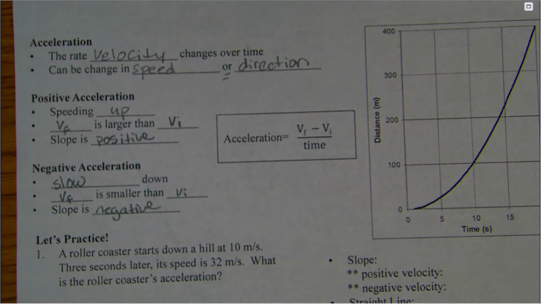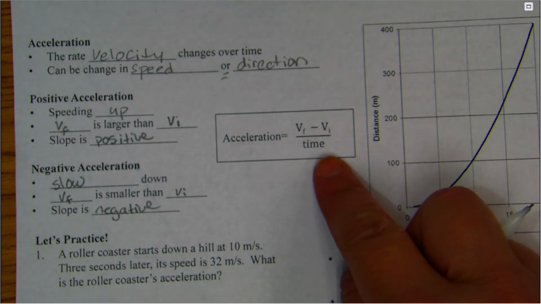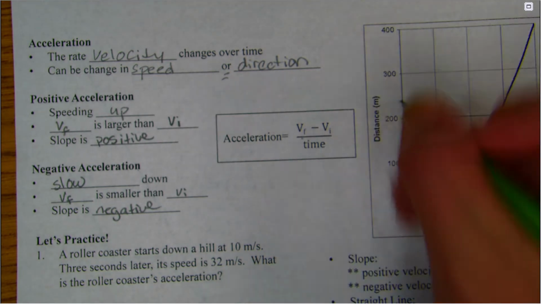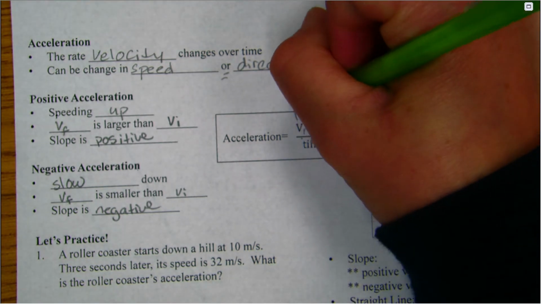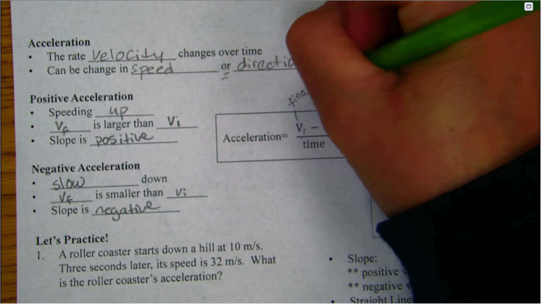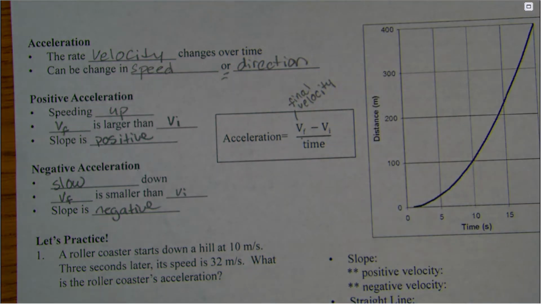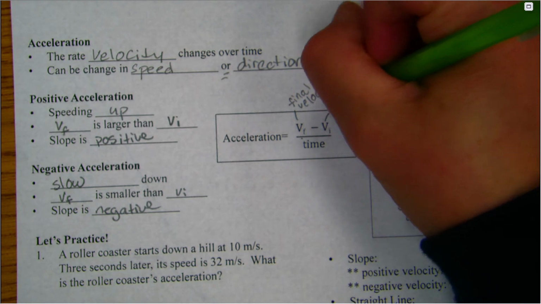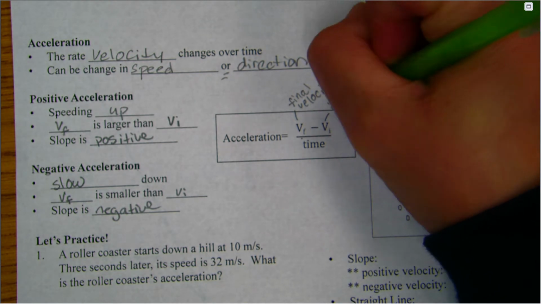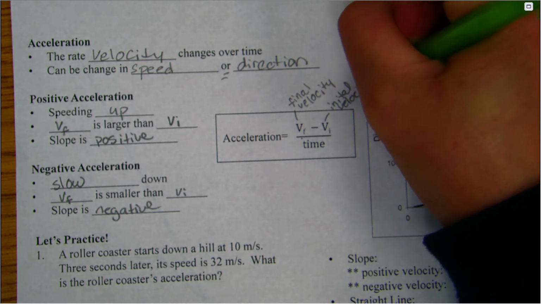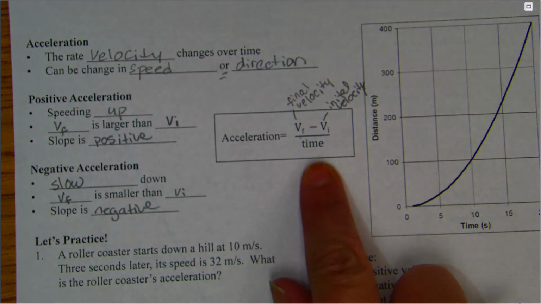So acceleration has a formula: VF, which is the final velocity, minus VI, which is the initial velocity, and this is divided by time.